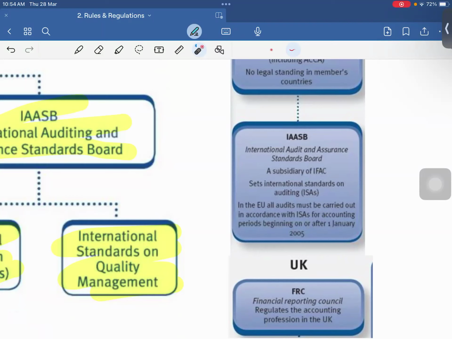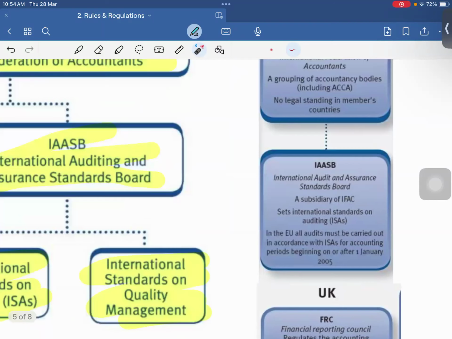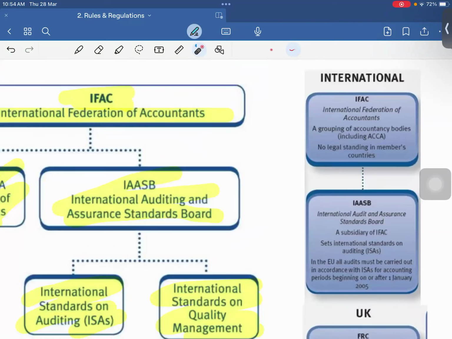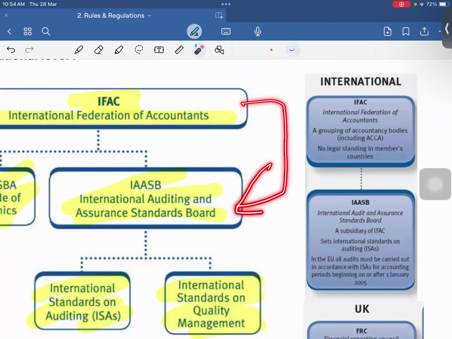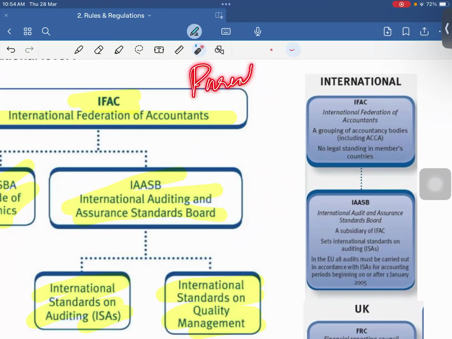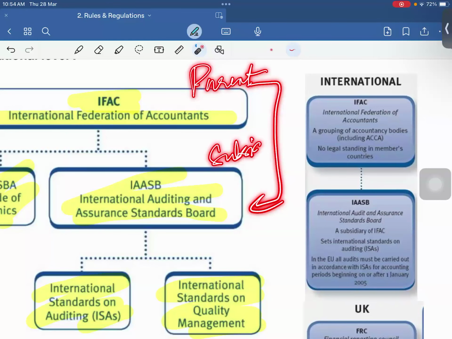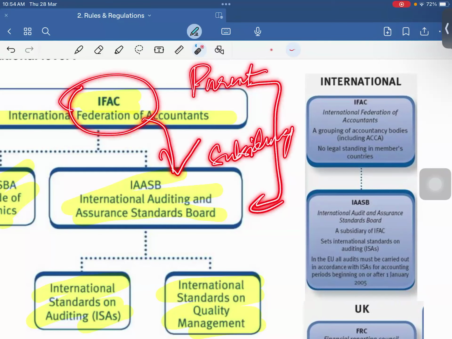This IASB is actually a subsidiary of IFAC. You know what a subsidiary is? This is the parent, and this is a subsidiary. That means the main organization is this one, and under it there is another organization, IASB.